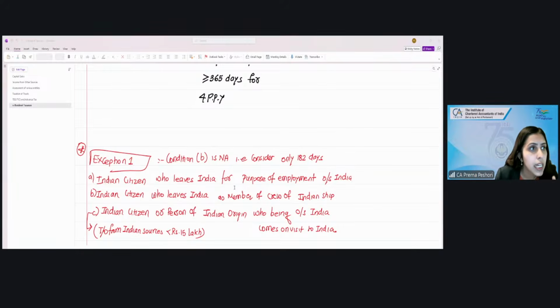Yes, Suchita. A PIO is a person if he or either of his parents or grandparents were born in undivided India. Okay, so that is the PIO.